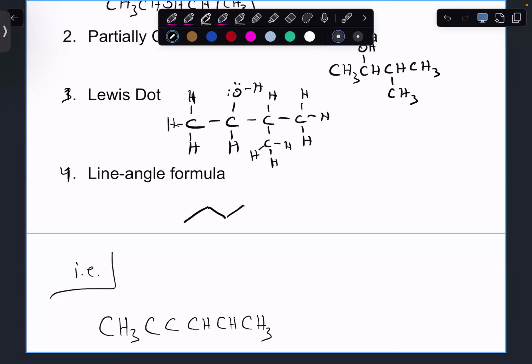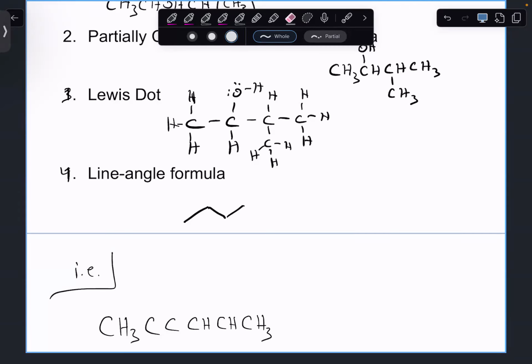And I need to indicate that in this line angle form. And so I'll handle the carbon branch first. Let's talk about this CH3 group. Now, again, you want to pay attention to where you're going to put that. It is off of carbon 1, 2, 3. So I'll find 1, 2, 3. I'm going to indicate that there's a 1 carbon branch off of that C3 position.